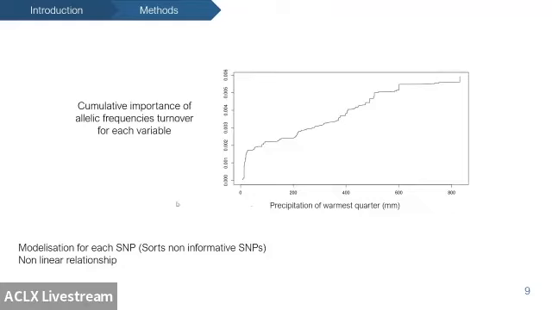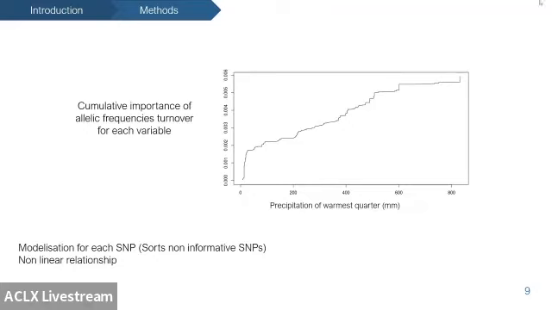So these curves are outputted for each variable, and they also give you information about how important a variable is to explain allelic frequency change. The higher the curve goes, the more important the variable is to explain allelic frequency change.